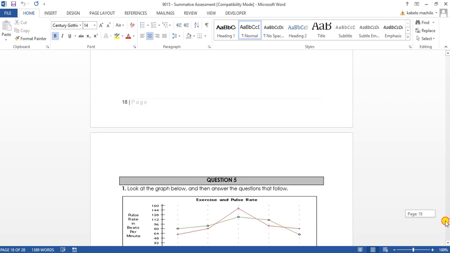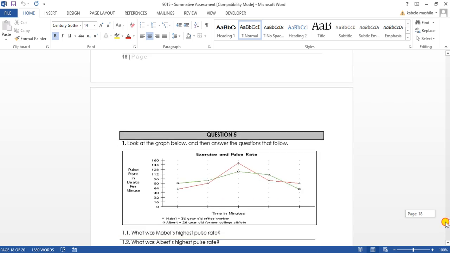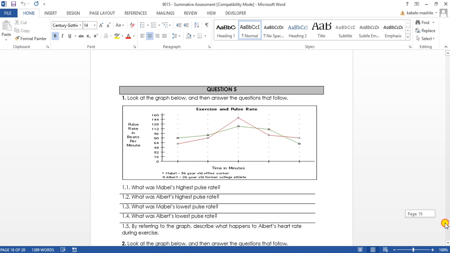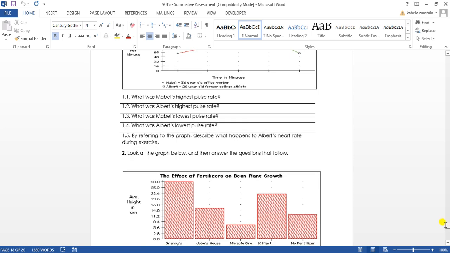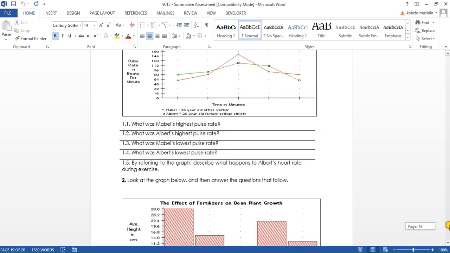Question 5, look at the graph below and answer the questions that follow. What was Mabel's highest pulse rate? What was Albert's highest pulse rate? And what was Mabel's lowest pulse rate? And what was Albert's lowest pulse rate?